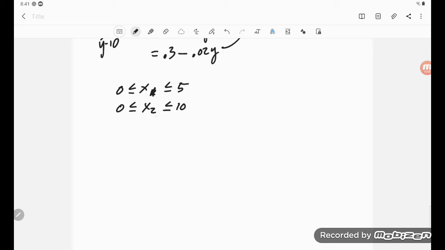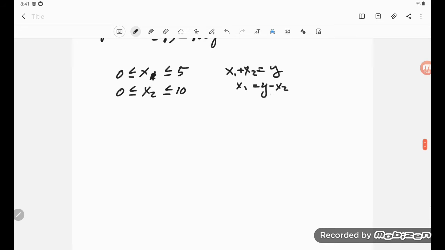And again, we use that x1 plus x2 is equal to y. Solve for x1 in this case: x1 equals y minus x2. We'll get some symmetry, but not totally because of the 5 and the 10.